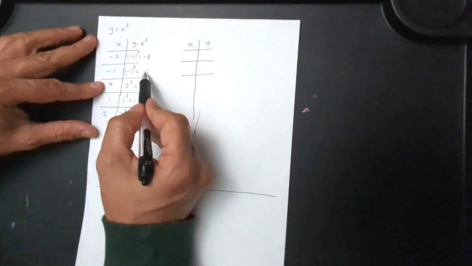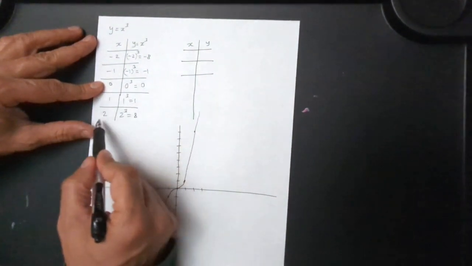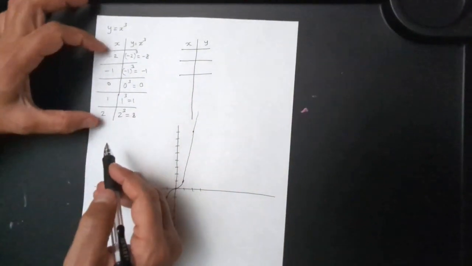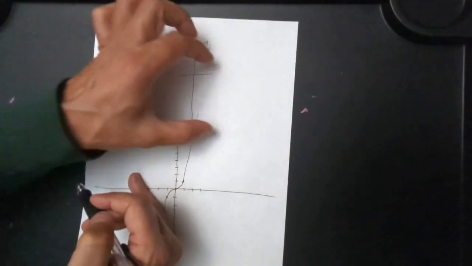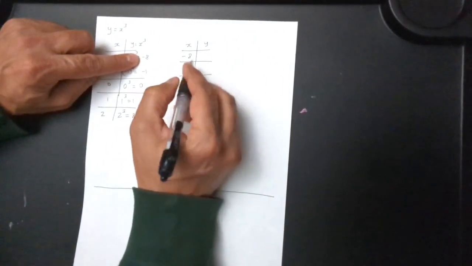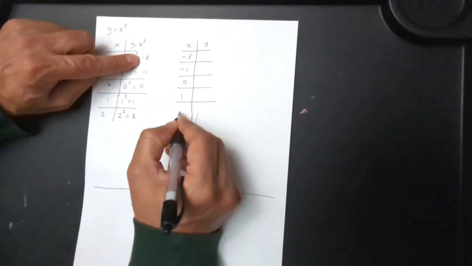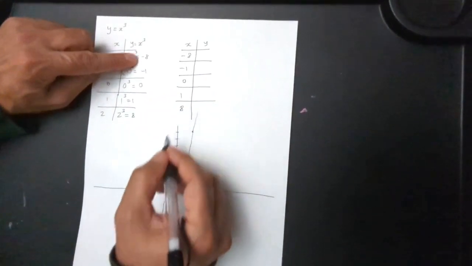It will map -1 to -1, 0 to 0, 1 to 1, and 8 to 2. So all that happens is the x column becomes the y column, and the y column becomes the x column. So -8, -1, 0, 1, and 8.